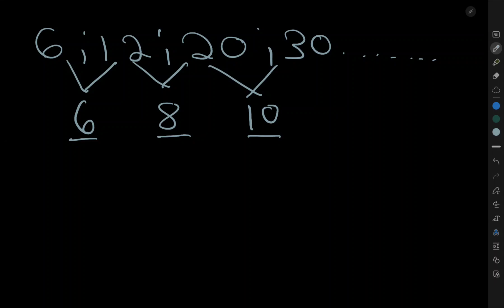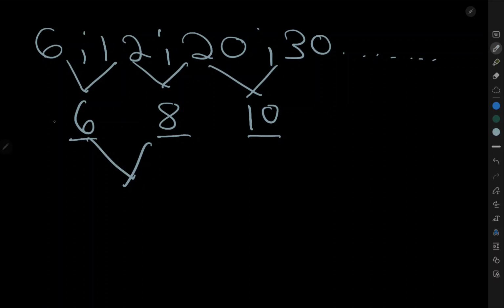How will we identify the next term if the difference is not common? We can't just add 6 to get the next value. We can't just add 8, or add 10. It always changes. So in this type of scenario, we always look for a second difference.